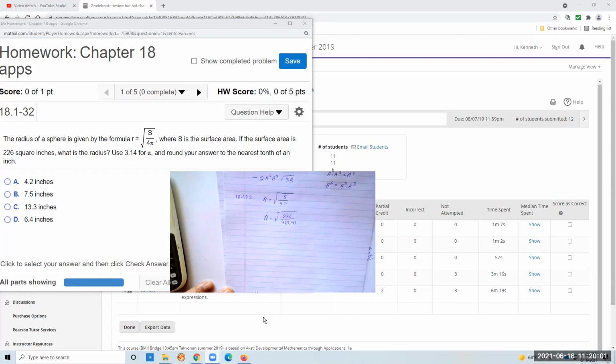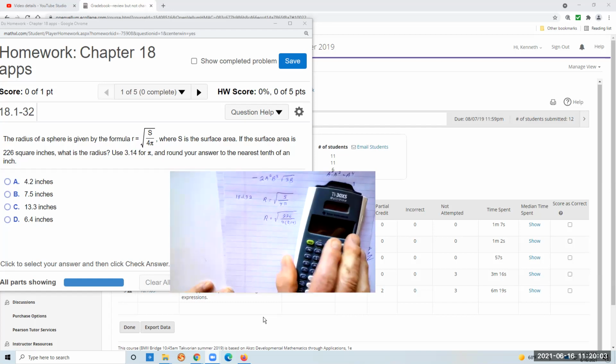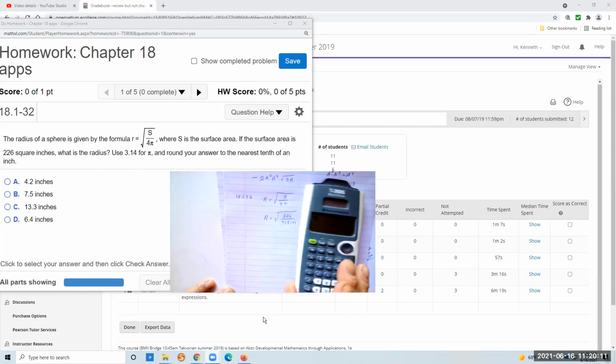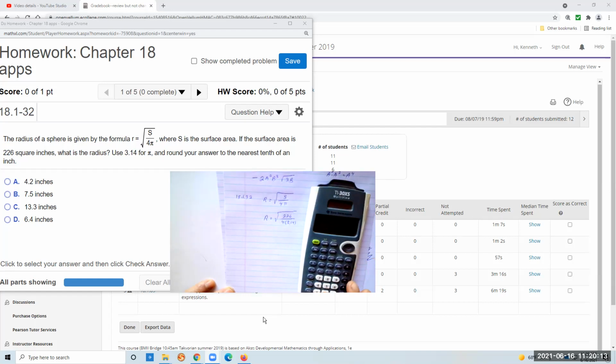And I'm going to get out my calculator and turn it on. I'm going to put in the radical, and then 226 divided by, I'm going to use left-hand parentheses, 4 times 3.14, right-hand parentheses.